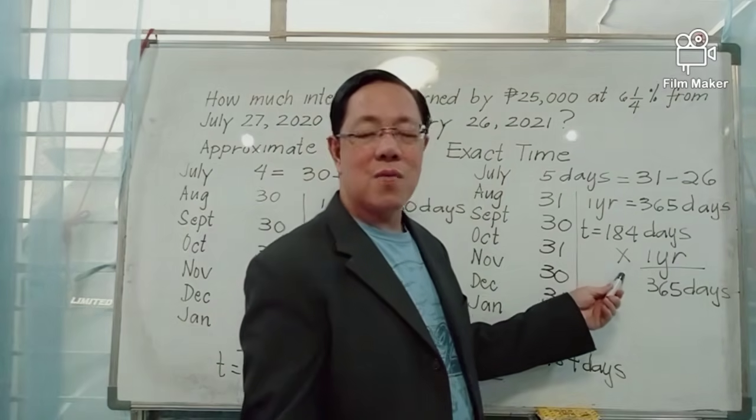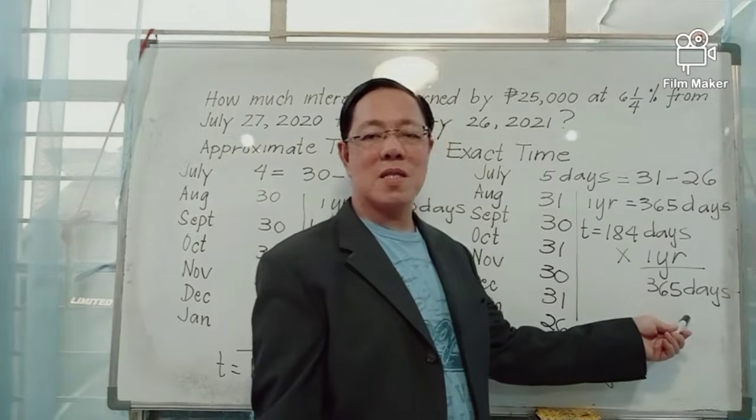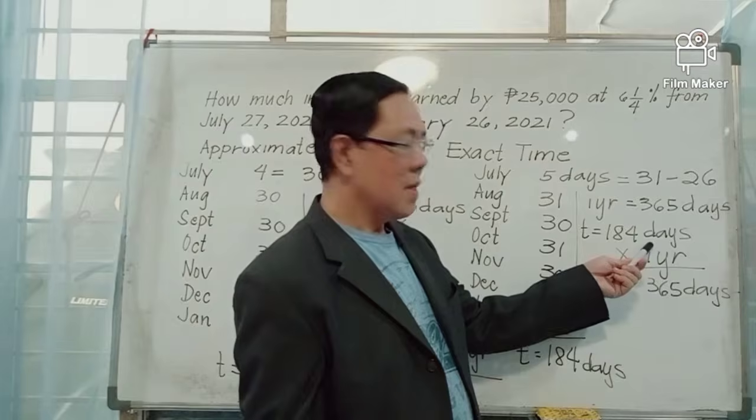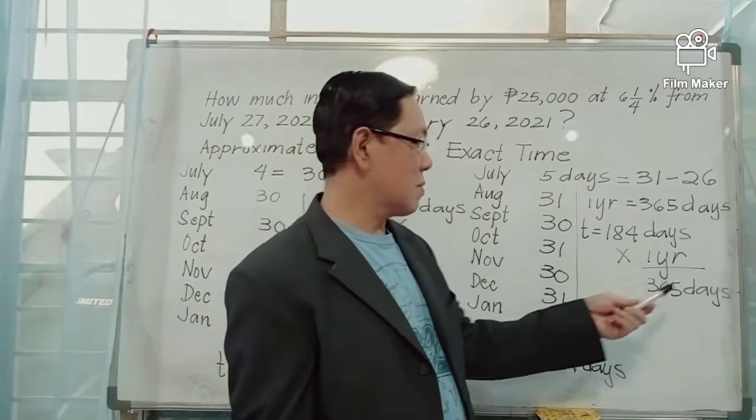In writing the conversion factor, we write 365 days in the denominator, so that the days in the numerator and the days in the denominator will cancel out.